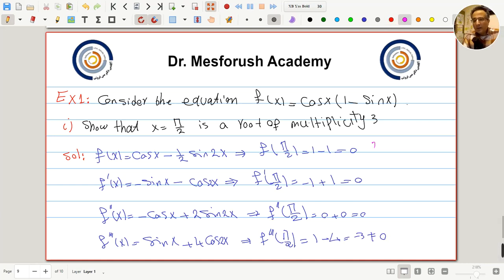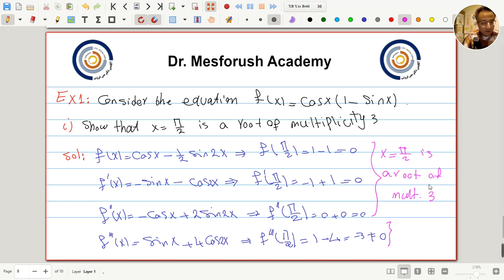So by these three parts and also this one, I get x equal to pi over 2 is a root of multiplicity 3. This is the first part of the problem.